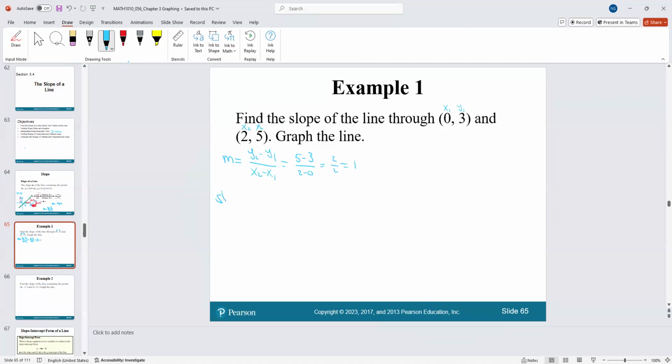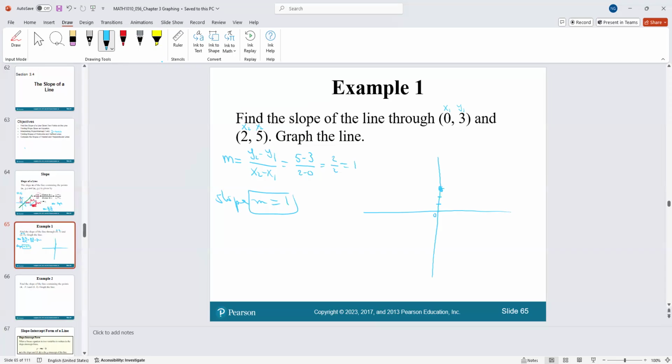So slope M is 1. Okay. Now, when they ask you to graph, remember the first point we have: when x is 0, y is 1, 2, and 3. This is one point right here.